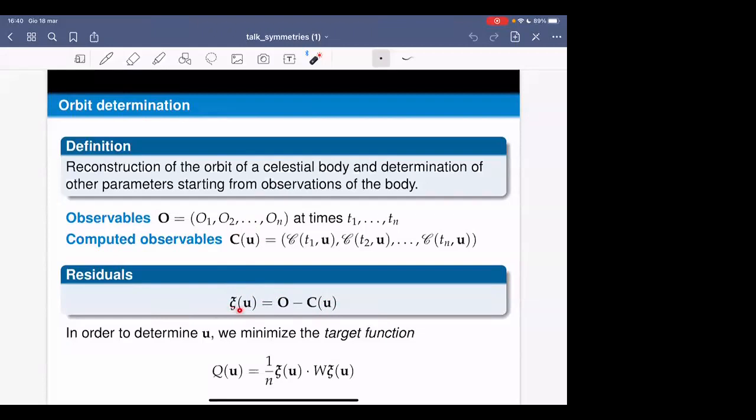So we want to minimize these residuals. In fact, what we do is minimize the target function, which is a function of the residuals, simply this quadratic function of the residuals. The matrix W is the weight matrix, which takes into account the fact that we can have different kinds of observables, range, velocity, and so on, and each one is weighted in a different way.